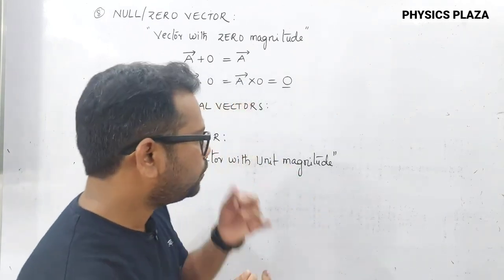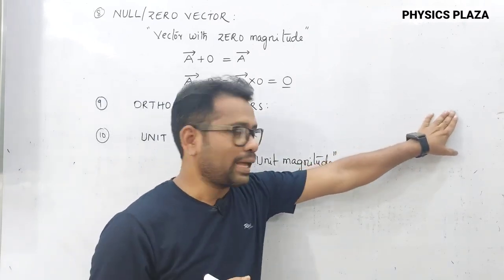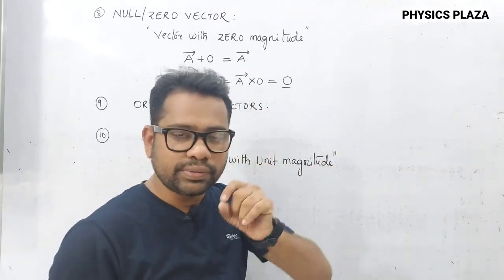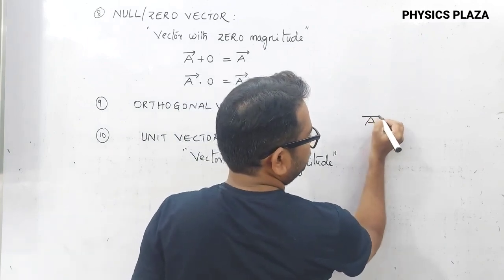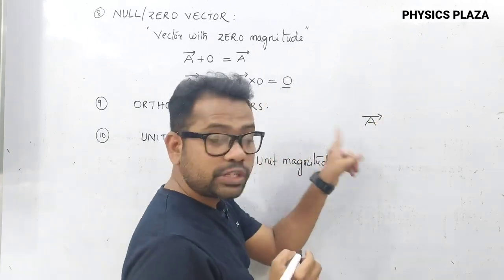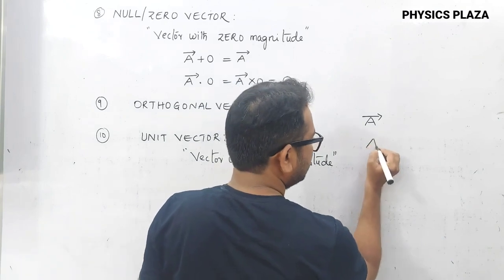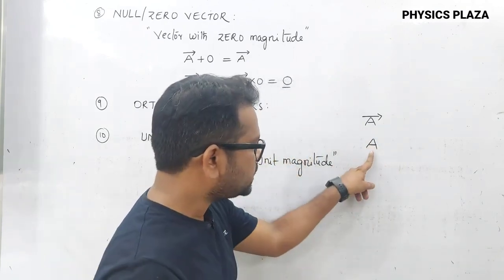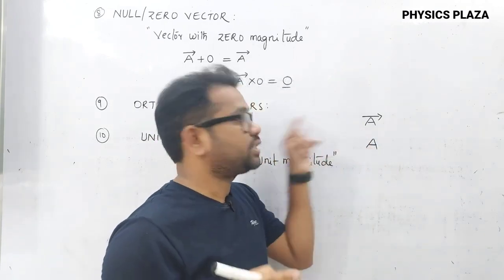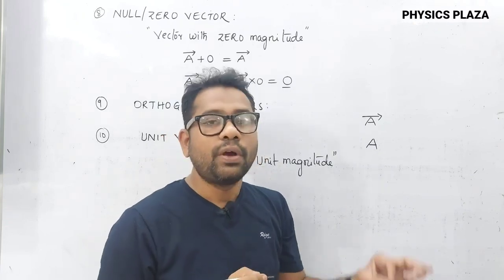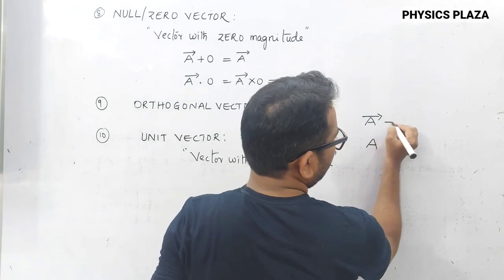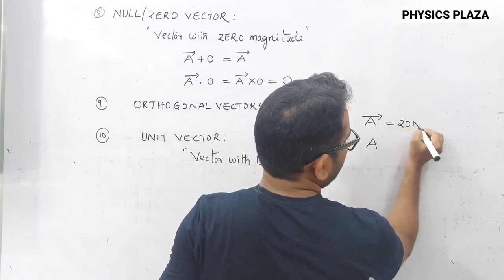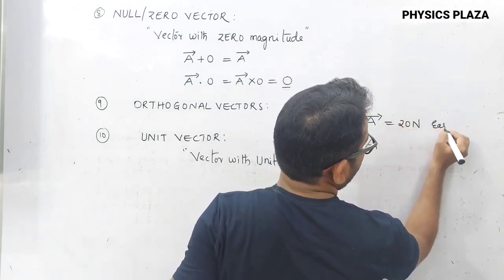Now, children, in a previous class we discussed how we can represent a vector. For example, vector A we can represent like this, and its magnitude we can represent with just a letter. So here A is the magnitude of the vector. For suppose, let us say 20 Newton force in east direction is a vector.